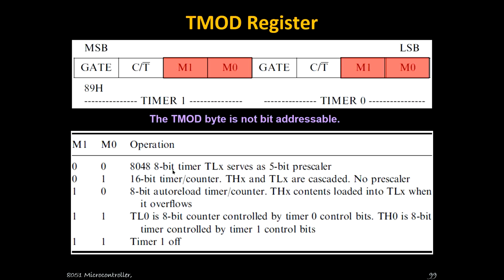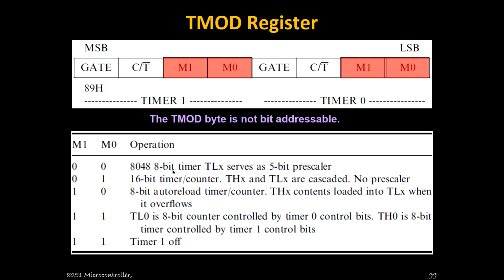Mode 2, as we know, is totally 8-bit. Here we use TL0 fully as the timer low register, controlled by the timer 0 control bit. TH0 is an 8-bit timer controlled by the timer 1 control bit. Remember, here we are using timer 0 as an 8-bit counter that will be controlled by your timer 1 control bit.